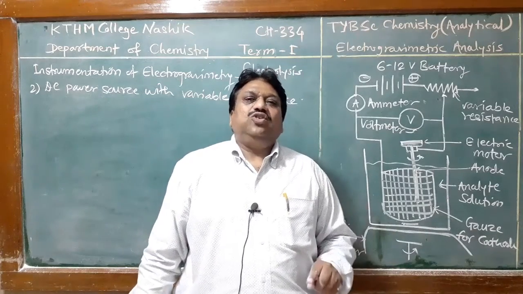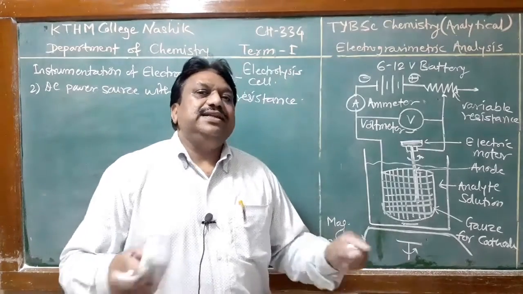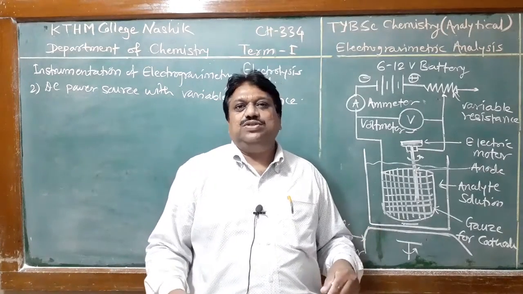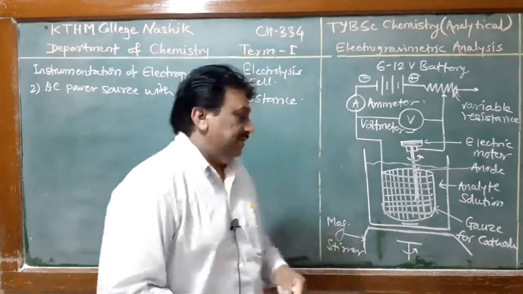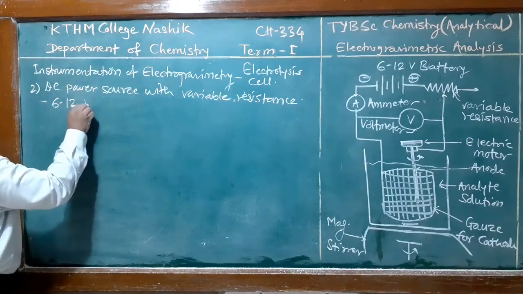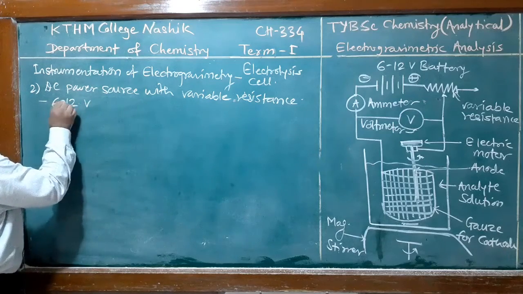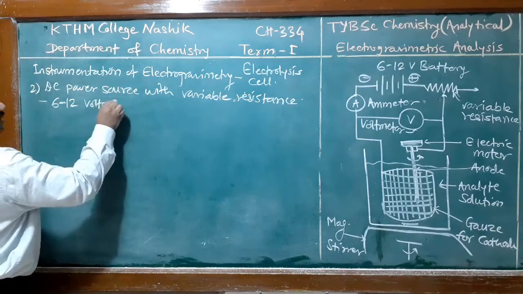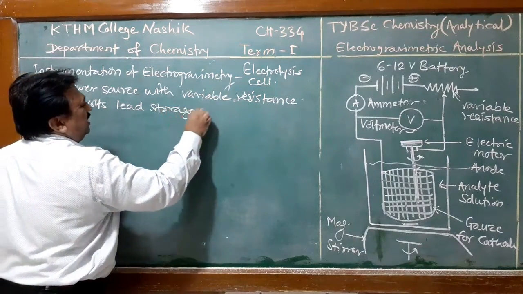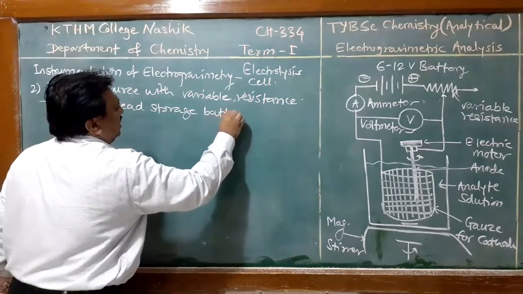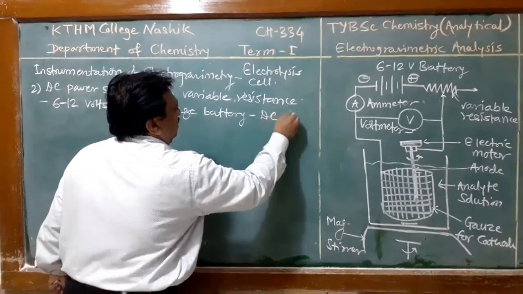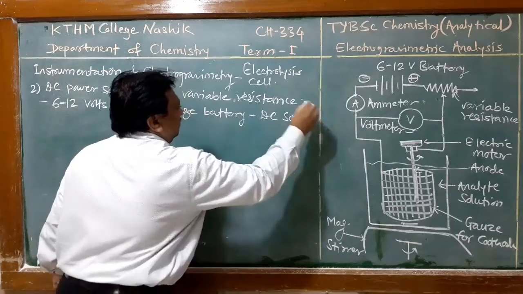Therefore, for the electrode deposition process a direct current is required, and generally direct current is obtained by using a lead storage battery. Therefore, a 6 to 12 volts lead storage battery can be used as a source of this DC power supply.